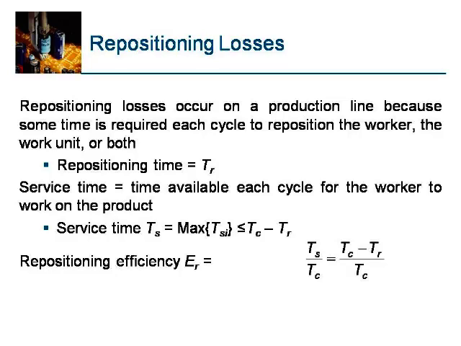Reposition time is TR, and service time TS is the time available each cycle for the worker to work on the product, and TS is equal to TC minus TR, where TR is the repositioning time and TC is the cycle time. Repositioning efficiency is equal to TS by TC, that is, 1 minus TR by TC. If TR is 0, repositioning efficiency is 100%, which means the worker is not wasting time for repositioning.